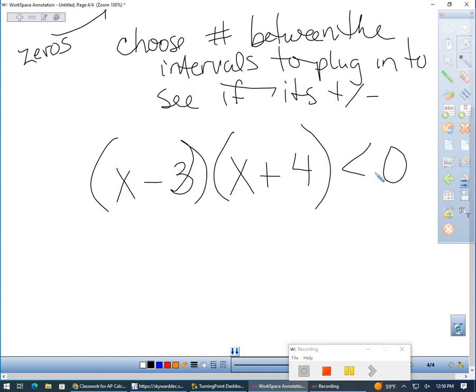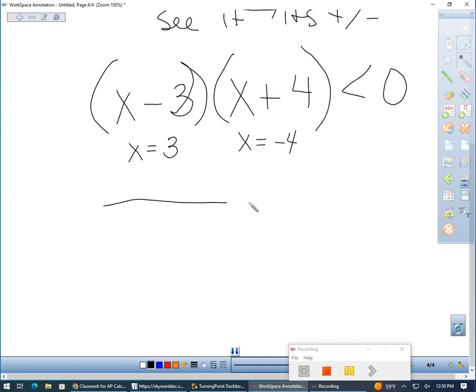First of all, where are my two zeros? I have a 0 at x equals 3, and a 0 at x equals negative 4, right? So I draw myself this line and mark those two zeros. Make sure you mark them in numerical order, like you're putting them on a number line. The one on the left is negative 4, and the one on the right is 3. Now we would pick a number that is smaller than negative 4.